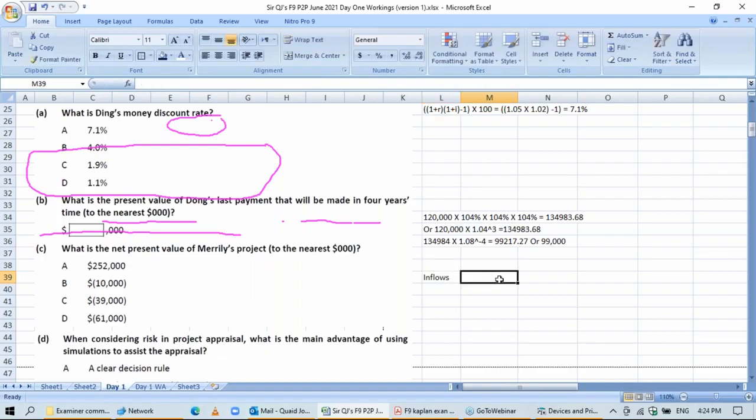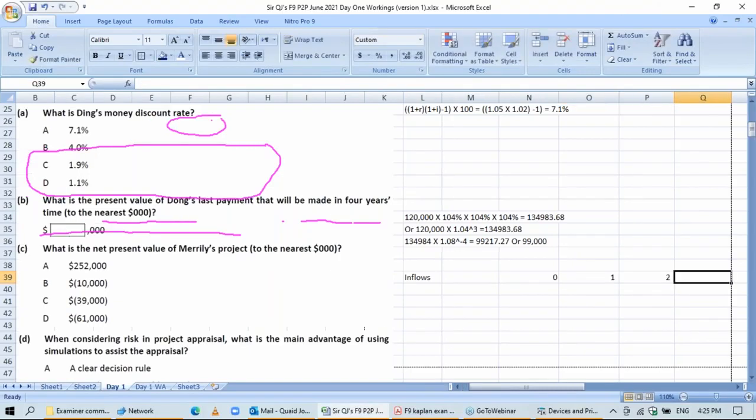So the first inflow occurs in year 1, then year 2, and then year 3.